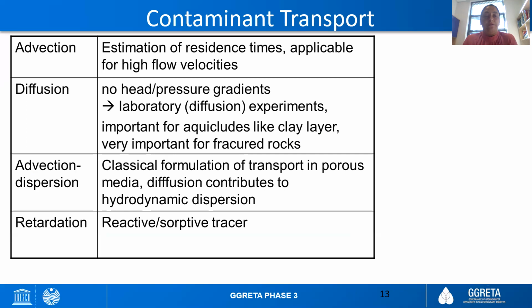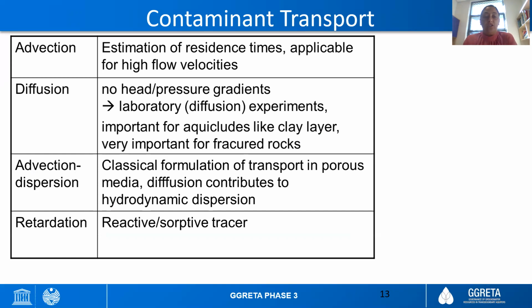Then we have diffusion. This is independent of the rate at which your groundwater is moving. This type of movement is very important when we look at areas that contain aquicludes or clay layers. It's also very important for fractured rocks.